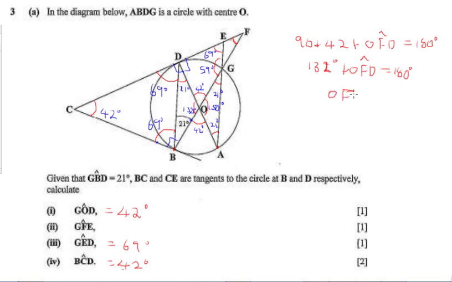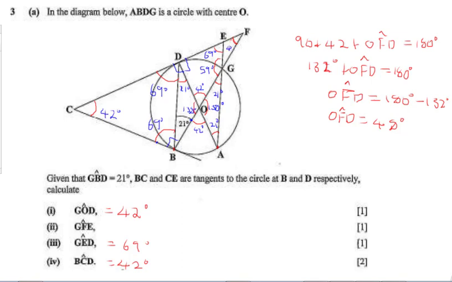So OFD is therefore equal to 180 minus 132, which gives us 48. So OFD there is 48 degrees.